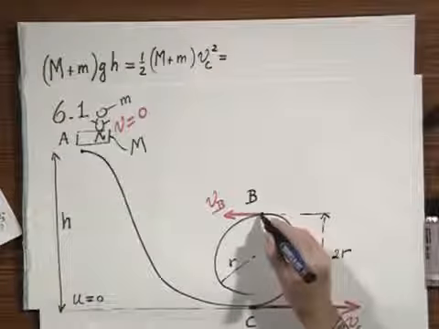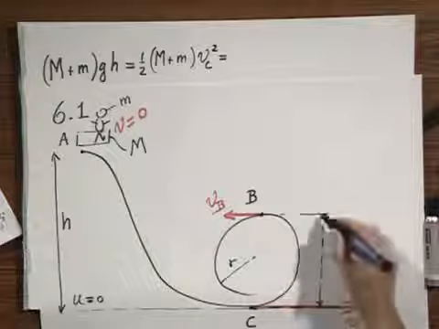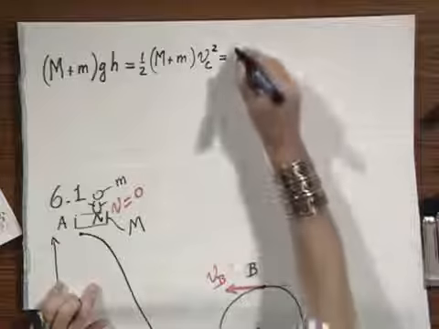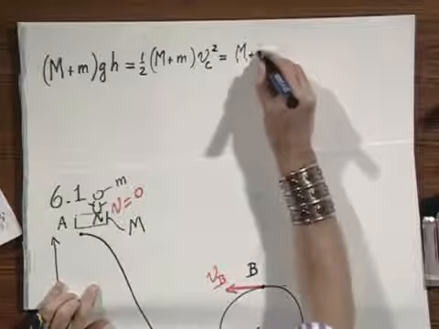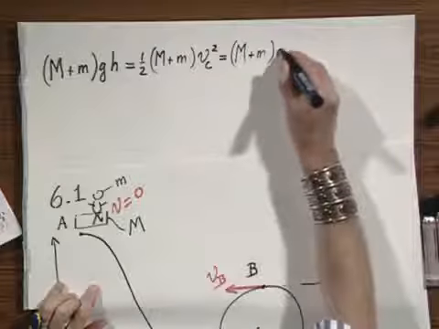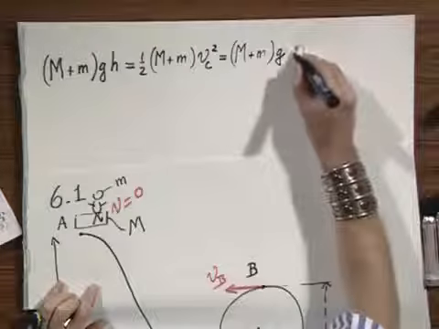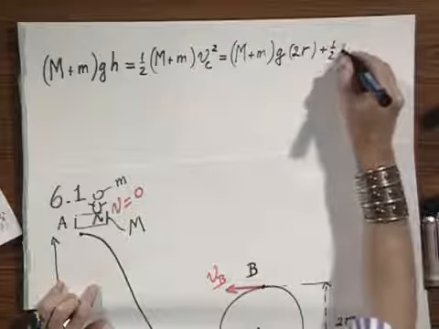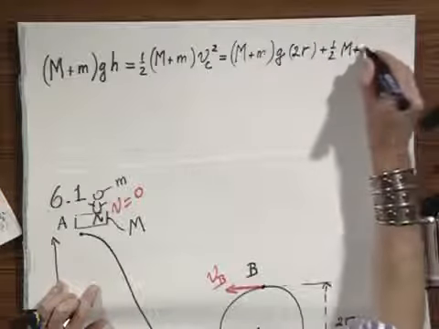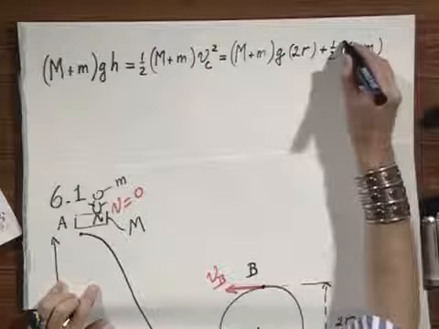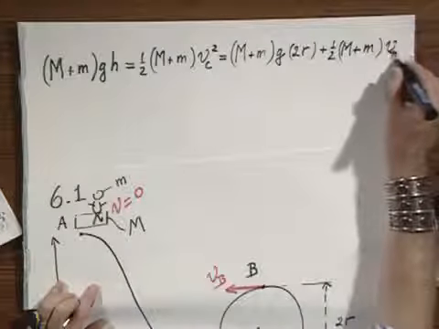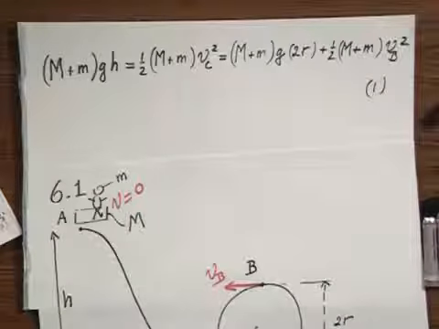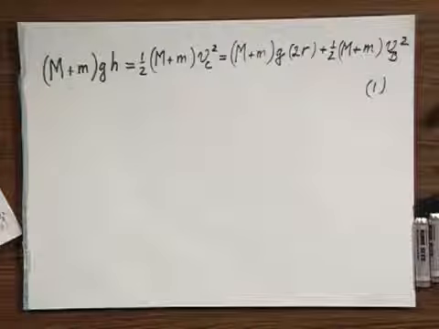And now we arrive at point B. So we have again picked up gravitational potential energy over this height. So we have this equals (M plus little m) times g times that height, which is 2r, plus the kinetic energy that we have at point B, 1/2 (M plus little m) v at location B squared. This is a very important equation. This is the conservation of mechanical energy.